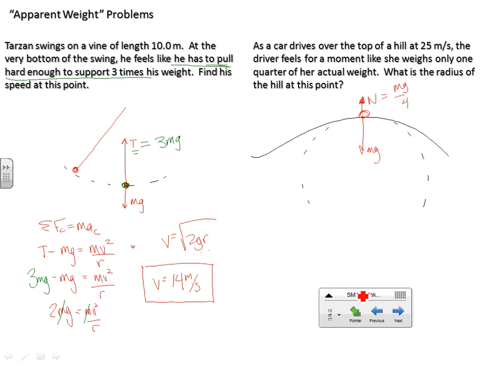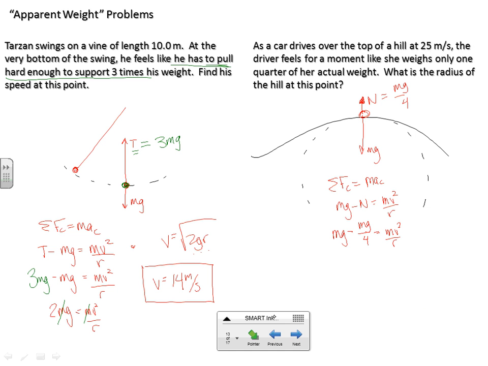Okay, so net Fc equals mac, or mg minus N is mv squared over r, mg minus mg over 4 is mv squared over r. So this is the whole weight minus a quarter of the weight, so that's 3/4 of the weight.